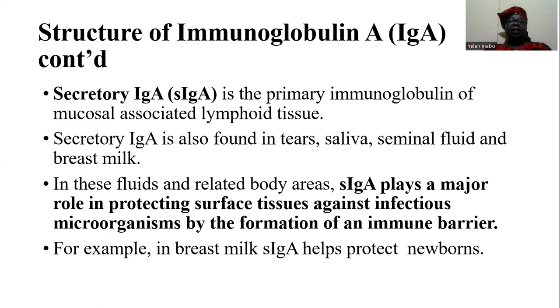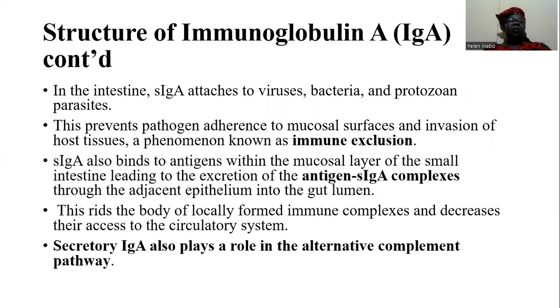In these and related body fluids, secretory IgA is known to play a major role in protecting surface tissues against infectious microorganisms by the formation of an immune barrier. For example, in breast milk, secretory IgA helps to protect newborns from infections.